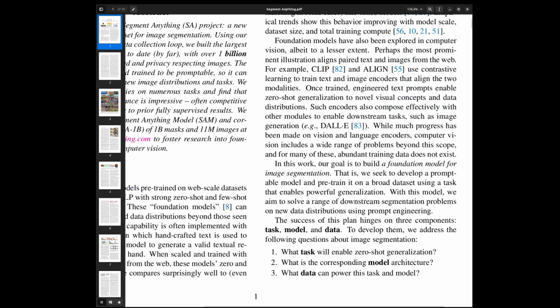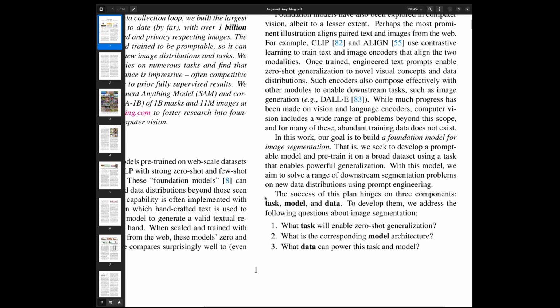Okay. In this work, our goal is to build a foundation model for image segmentation. That is, we seek to develop a promptable model and pre-train it on a broad dataset using a task that enables powerful generalization. With this model, we aim to solve a range of downstream segmentation problems on new data distributions using prompt engineering.